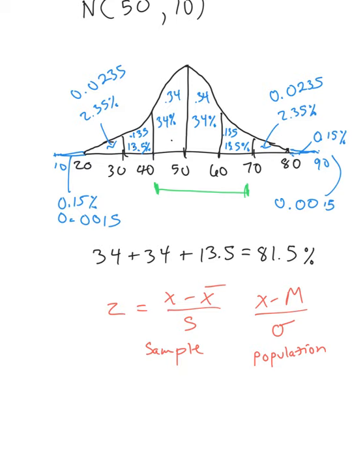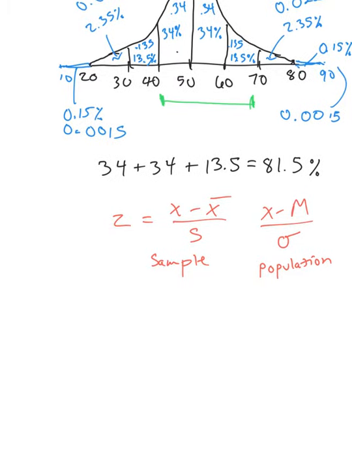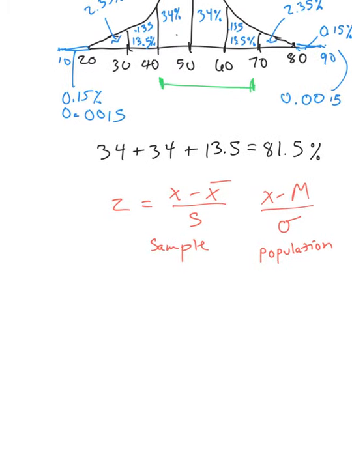Let's say the number 43. Remember once again, our mean is 50 and our standard deviation is 10.